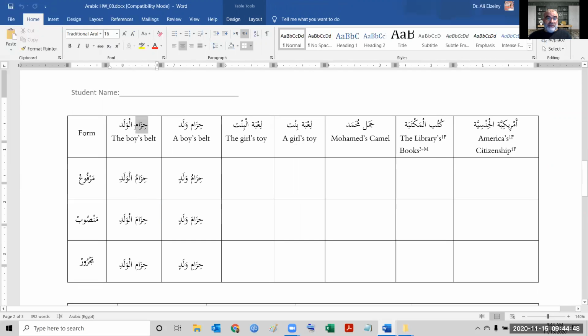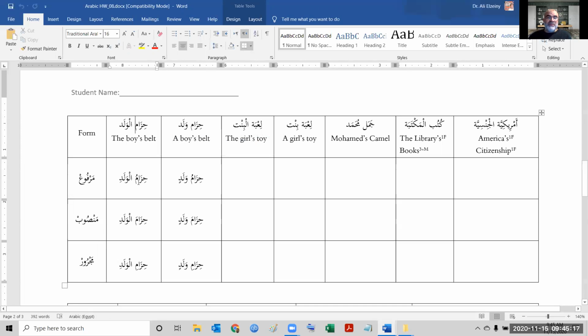The first noun, default is marfu'. However, it can be mansub, it can be majroor. So how do we decide that? It depends on the position of the structure in the sentence. The first noun will depend on that. And there are three possibilities.